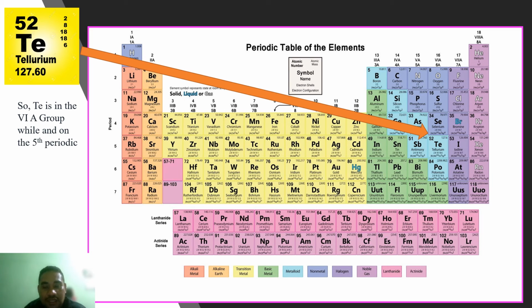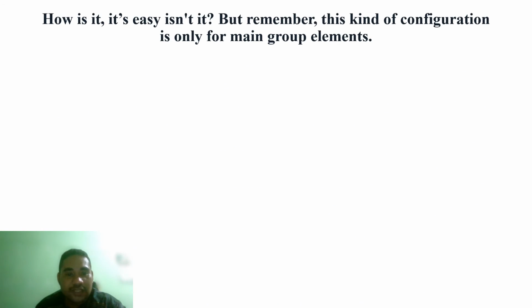You can see the position in the periodic table of elements. How is it? It's easy, isn't it? But remember, this kind of configuration is only for main group elements.